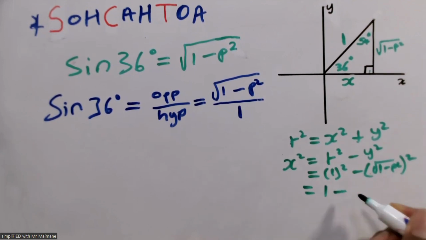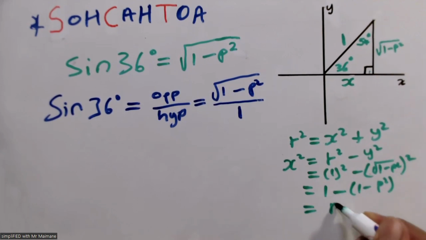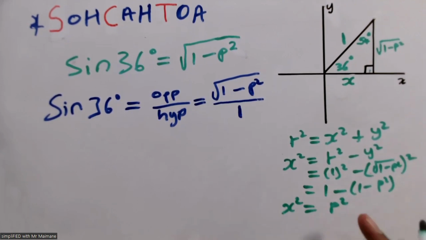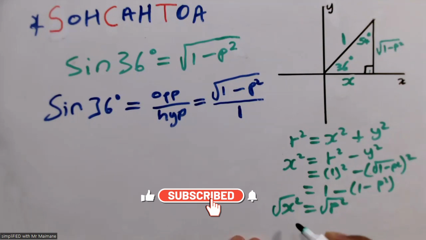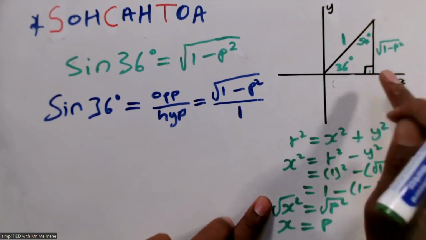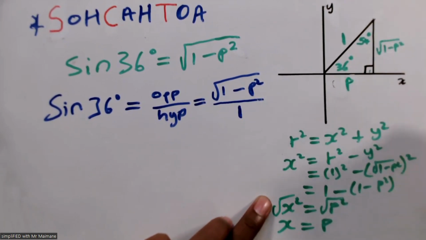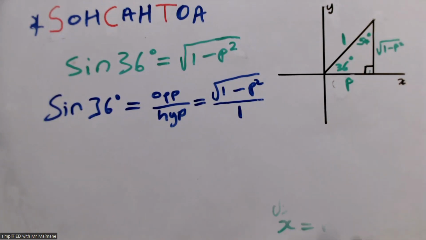Therefore this is 1 minus (1 minus p squared), which gives us p squared. So x squared equals p squared. But we want x, so we take square roots of both sides, and x is p, meaning this side is equal to p. So we know all the sides from here.